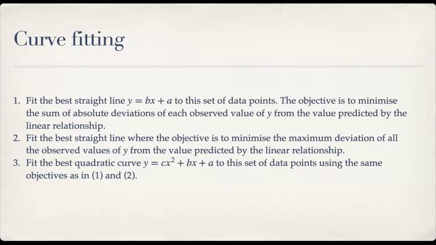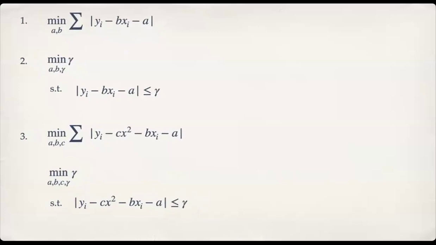So for this curve fitting, the first one is quite straightforward. We minimize this function, the summation of the absolute deviation, yi minus (bxi plus a). We have to take the absolute value because all the deviations must be positive.